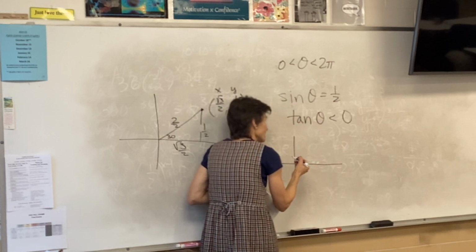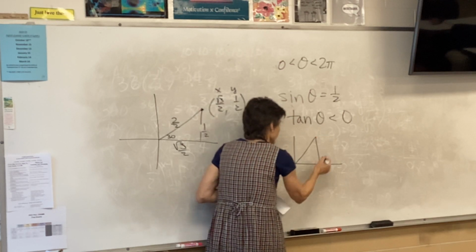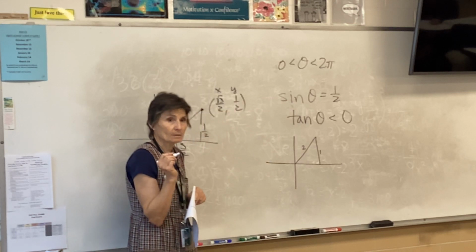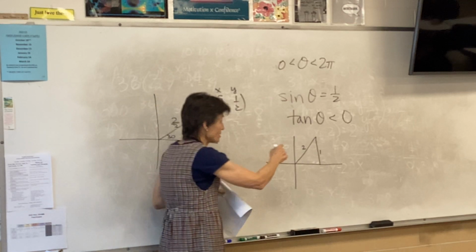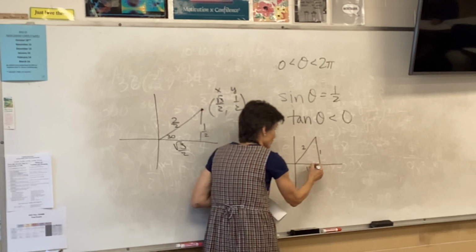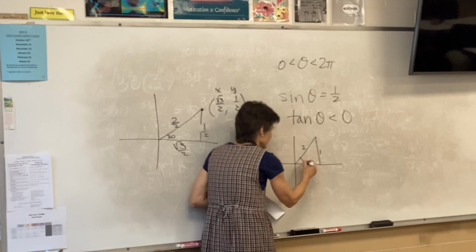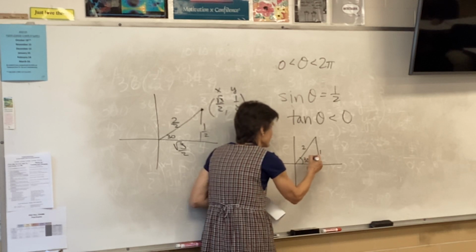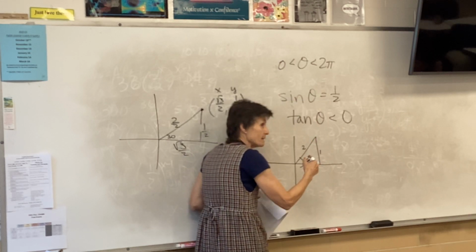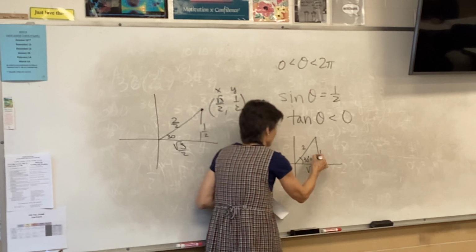If the sine is 1/2, doesn't the triangle have to look like that? Those are special. What would this one be? If the hypotenuse is 2 and that's 1, isn't this root 3? How big is that angle? Ooh, 30 degrees. I'm supposed to be in radians, so 30 is a sixth. Pi over 6.